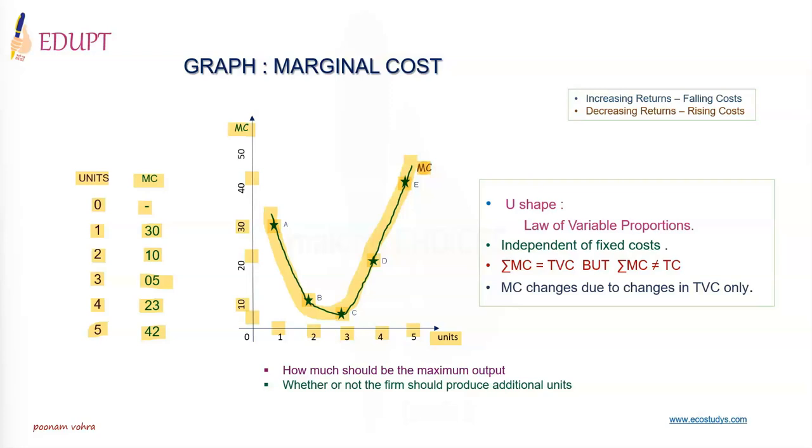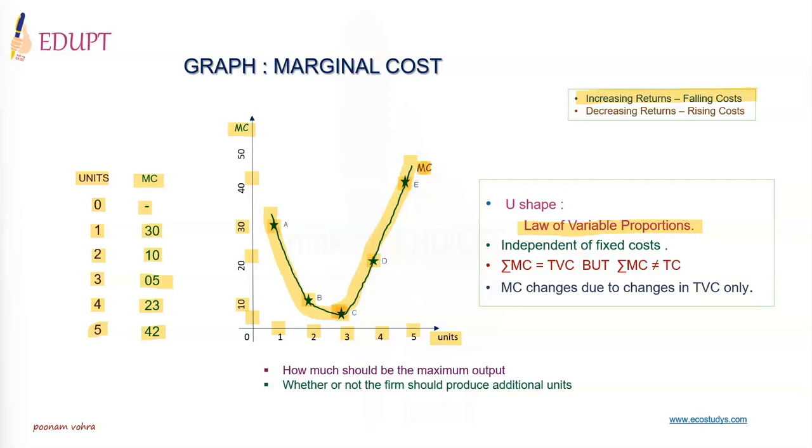The U shape of marginal cost is due to the operation of the law of variable proportions, where falling marginal cost is due to increasing returns or decreasing cost. It is because of better coordination between fixed and variable factors.